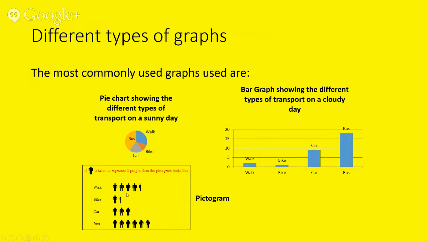So the picture gives you an idea of how many people use that mode of transport and so on. Different types of graphs that we can use to display data as well.